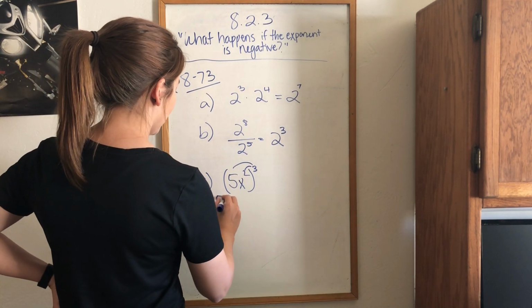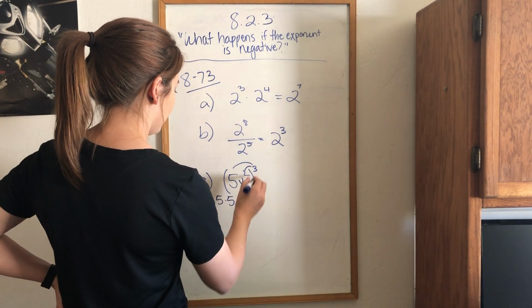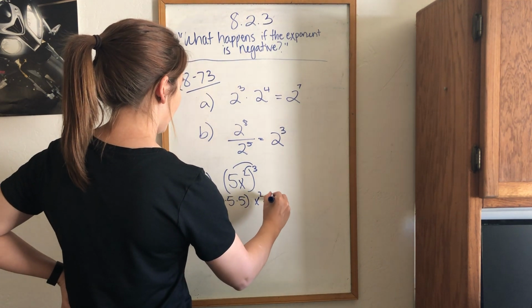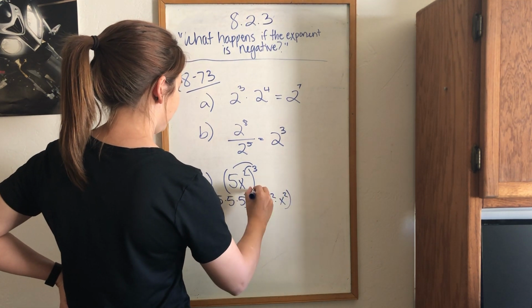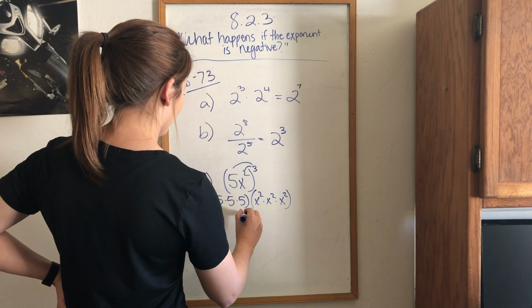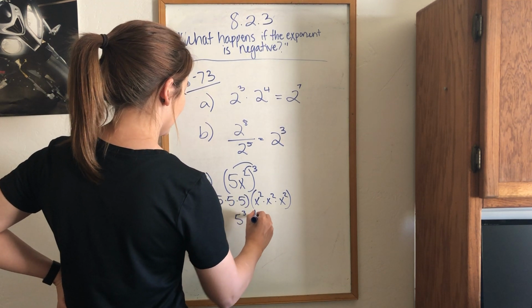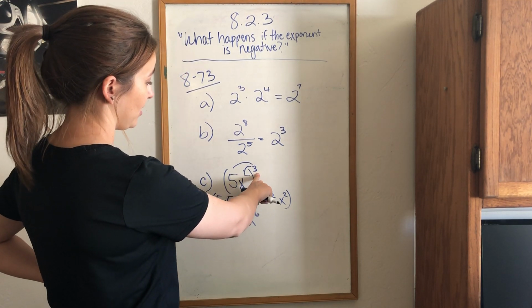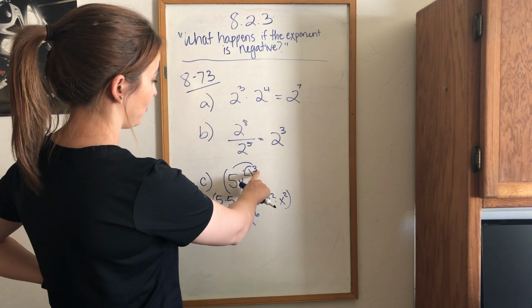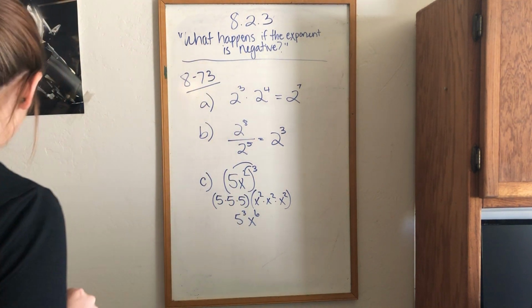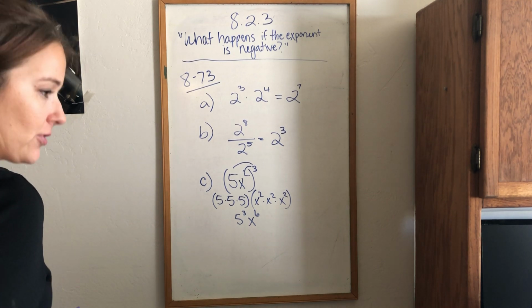So 5 times 5 times 5, 5 to the third, x squared times x squared times x squared. So that would be 5 to the third, x to the 6th. And also you'll see that we can multiply the exponents when we have an exponent being raised to an exponent. So 5 to the third, x to the 6th.